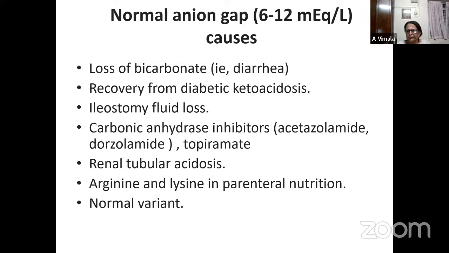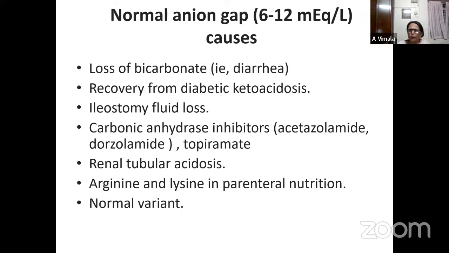That can also produce acidosis. Carbonic anhydrase inhibitors like acetazolamide, dorzolamide, topiramate, etc., can also result in a normal anion gap metabolic acidosis. Most importantly, from the nephrologist's point of view, is renal tubular acidosis. If you use parenteral nutrition, arginine and lysine can also result in normal anion gap acidosis.